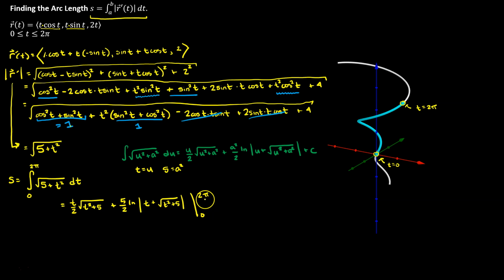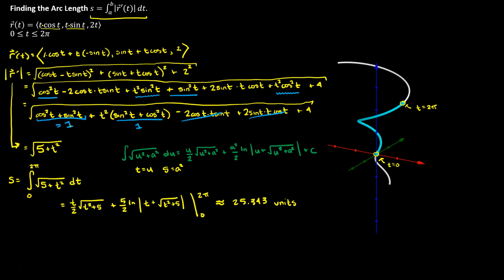Plugging in our bounds, 2 pi first for t, and then subtracting off this antiderivative evaluated at 0. It's a lot of calculator scratch work, and it will result in the value of approximately 25.343.